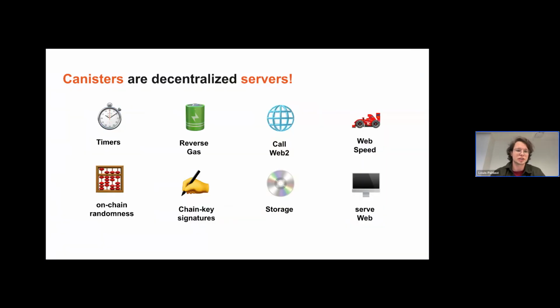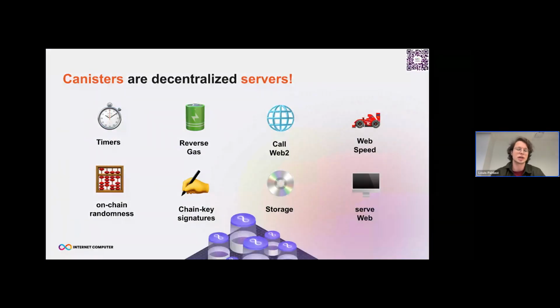Now, canisters are at the core of the IC, and you can really think of them as an evolution of more classical smart contracts. It might be easier to think of them as decentralized servers. And they really have a lot of exciting capabilities.